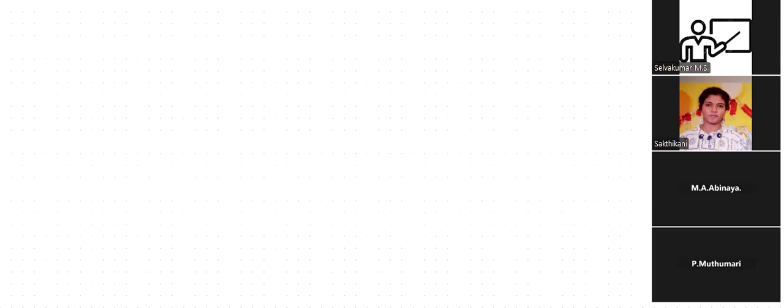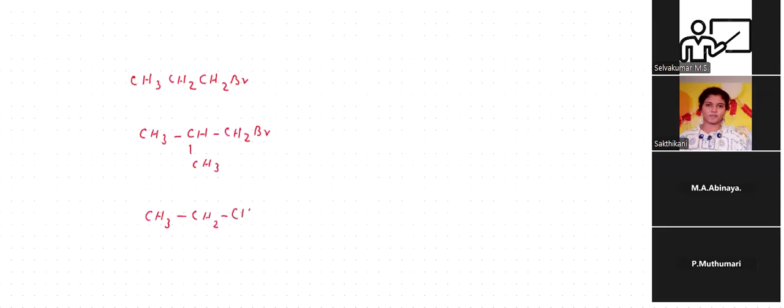Now, 3 compounds are given. CH3CH2CH2Br, CH3CH(CH3)CH2Br, and the third compound is CH3CH2CHBrCH3.